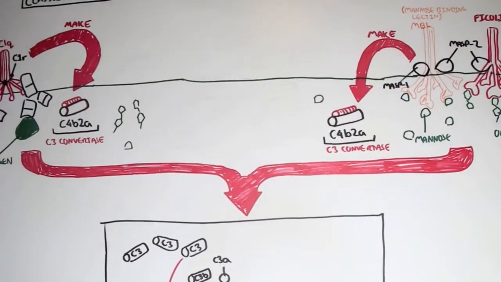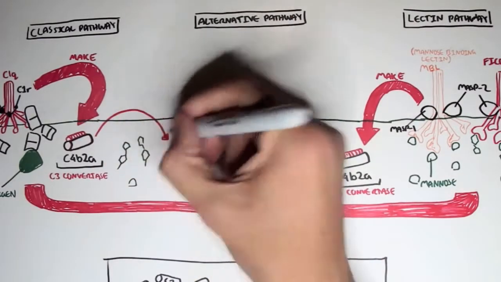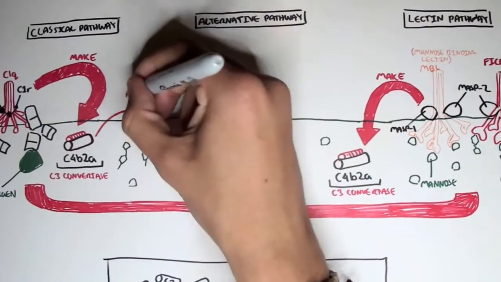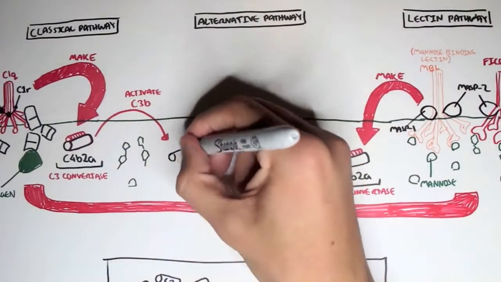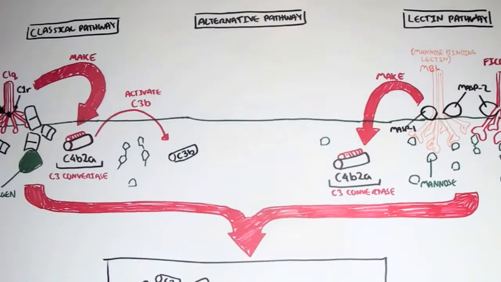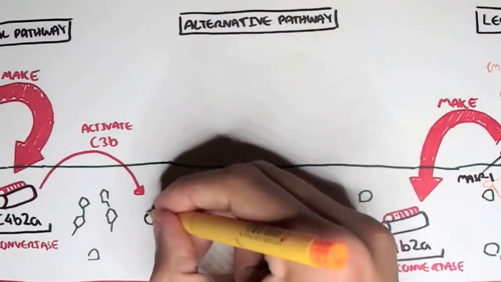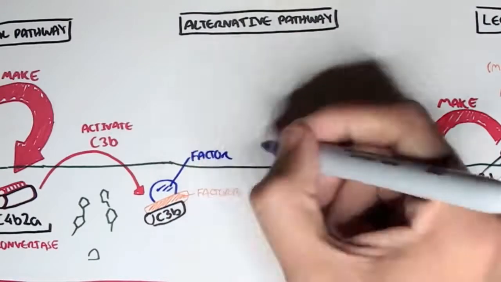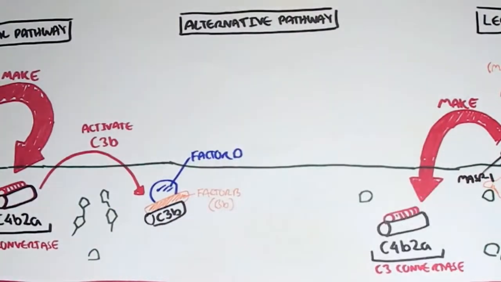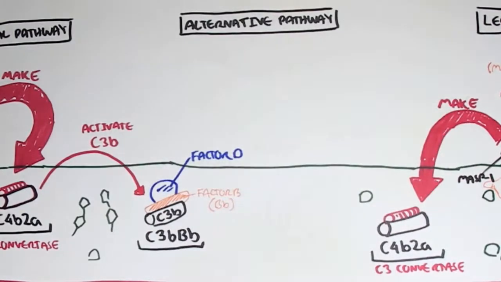Now that we've got this formation of C3b and C3a, we go back to the alternative pathway and see how the alternative pathway is initiated. The alternative pathway is initiated when the C4b2a convertase activates C3b. The C3b then binds on the surface of the pathogen. The alternative pathway will then form another type of C3 convertase, different to the ones formed by the lectin and classical pathway.